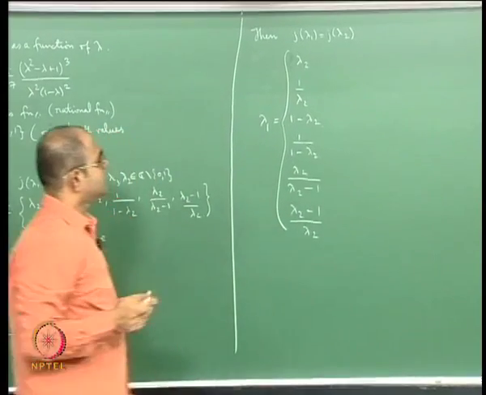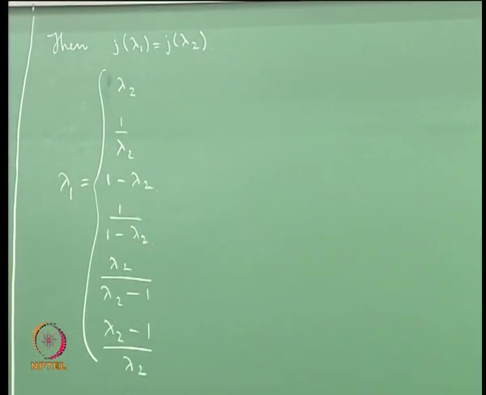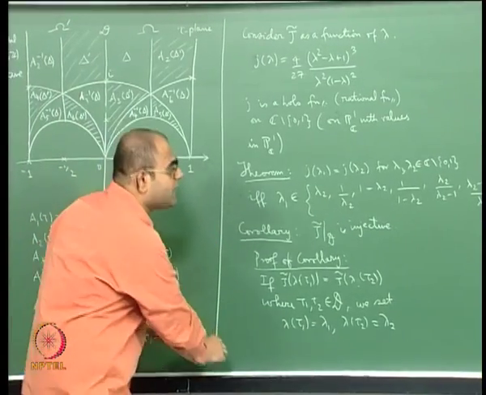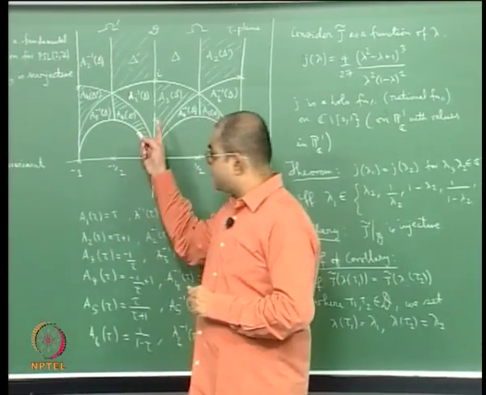So these are the 6 possibilities for lambda 1, okay, that is because of this theorem, and now we will have to reinterpret this using these mapping properties.